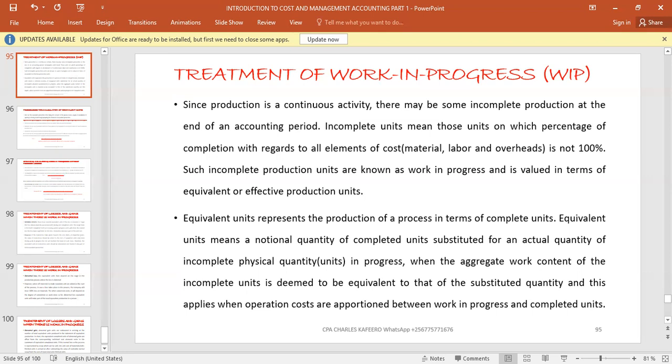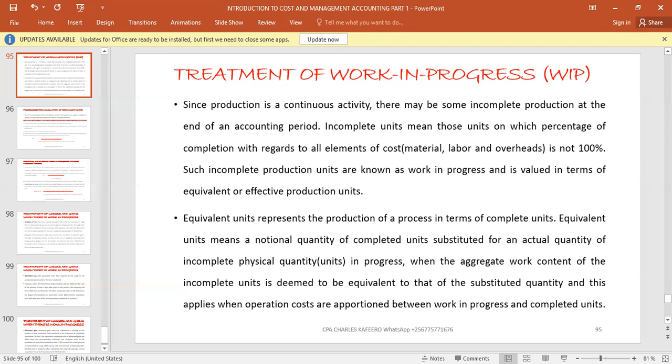When you are looking at the equivalent units, we need to look at the possible costs that can be actually in those items that are at a certain level of completion.